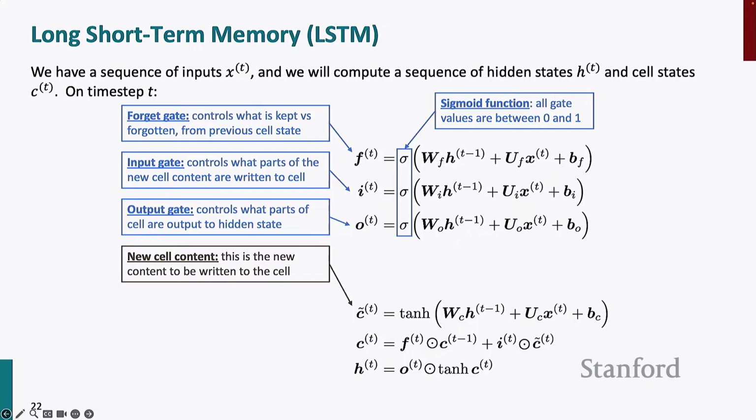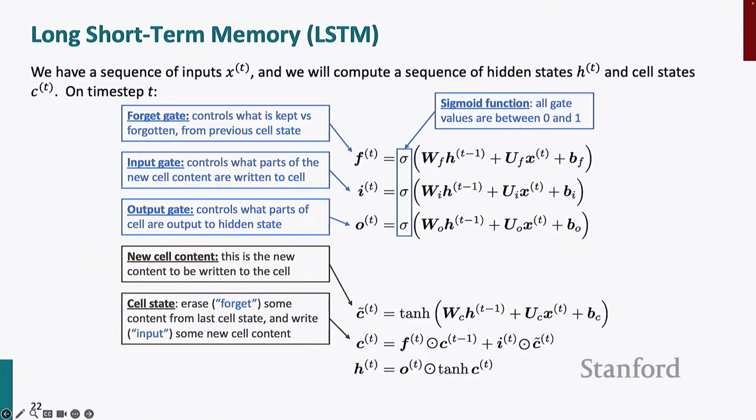The new cell content is calculated using exactly the same kind of equation we saw last time for recurrent neural networks. We have these 2 matrices, the cell W and the cell U, and we multiply one by the last time's hidden state and the other by the new input, and add on a bias. And that's a potential update to the cell.